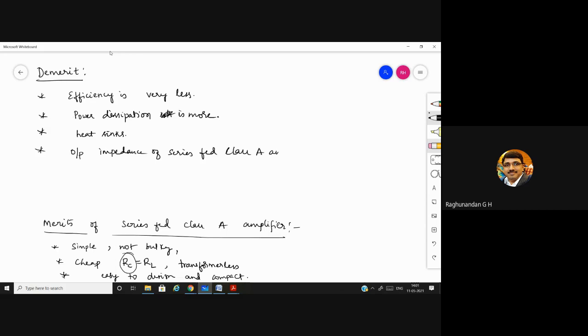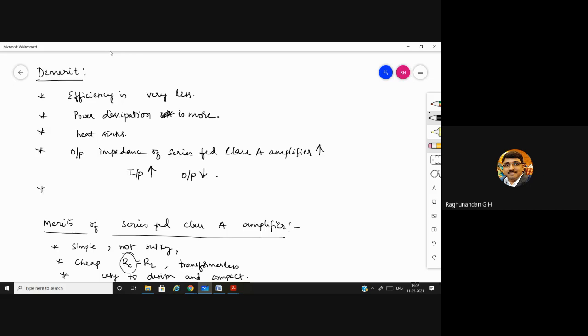But you know that for an amplifier, usually we need input impedance to be high and output impedance to be less. But here the output impedance is more, hence impedance matching is not going to occur here. That is one of the drawbacks.